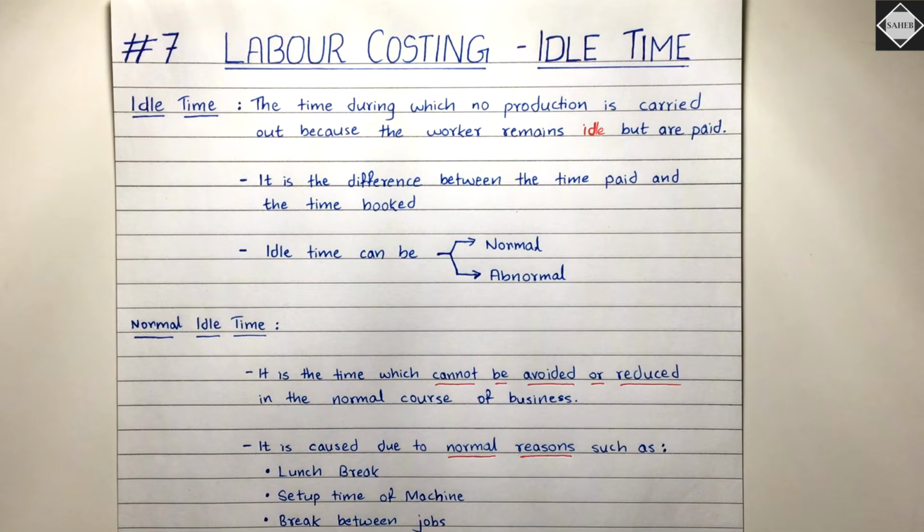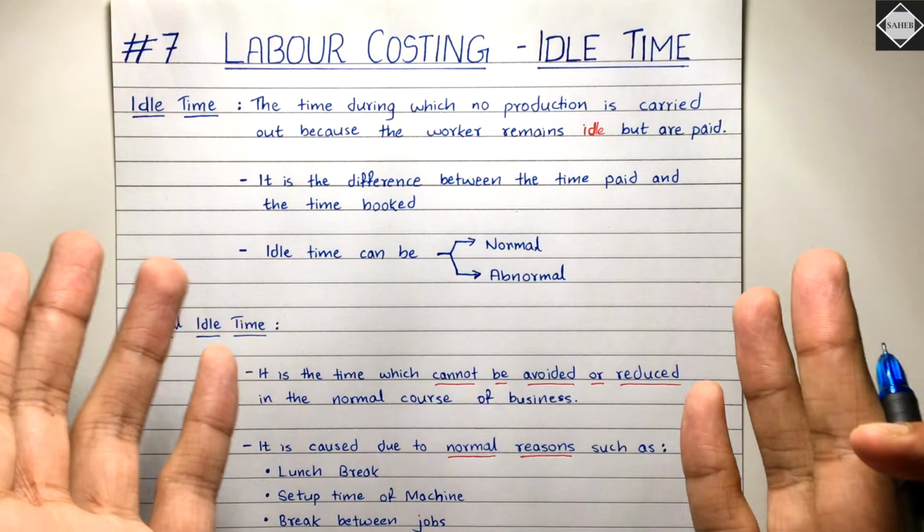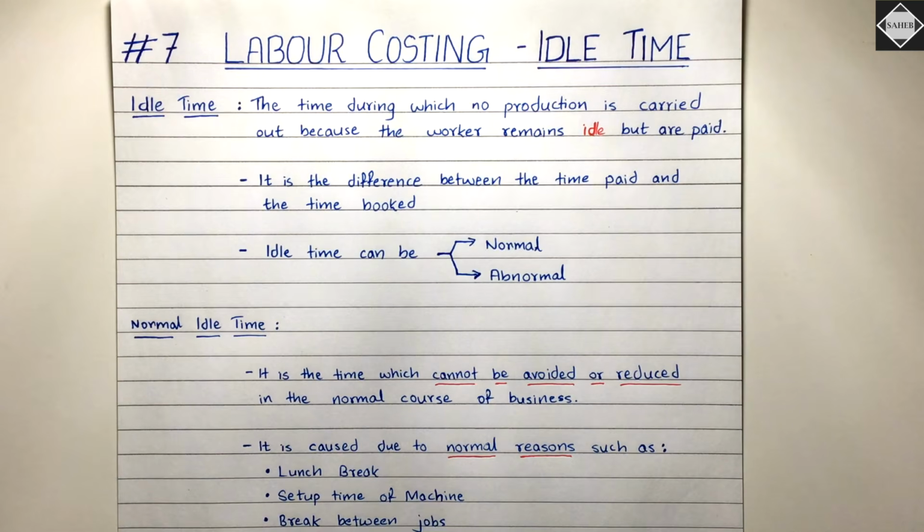Why is it not possible? Because they are humans, right? When they come to the factory, they will have to walk from the gate to the plant. There will be a distance, 5 minutes, 10 minutes, let's say. And then let's say they need a break of 40 minutes, a lunch break. They're humans. They have to eat. They have to refresh themselves.